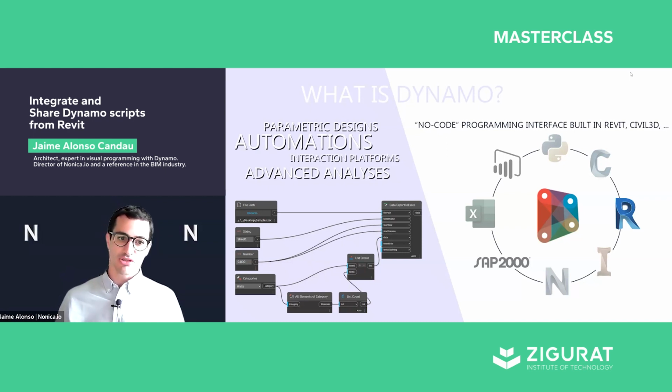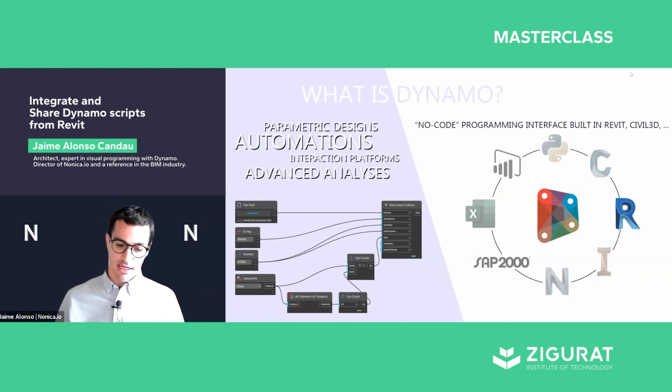So it can also be used for automation and basically automate design tasks, but also for interaction within platforms, as I was saying, but also more advanced analysis. For example, you can use it for sustainability analysis or structural analysis.